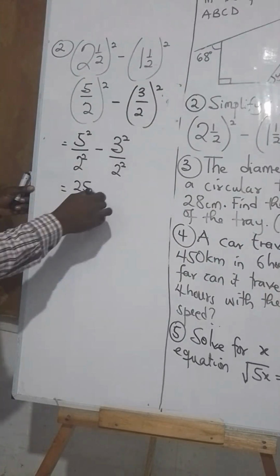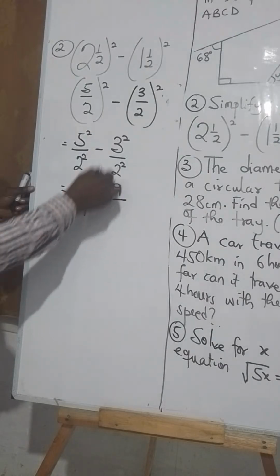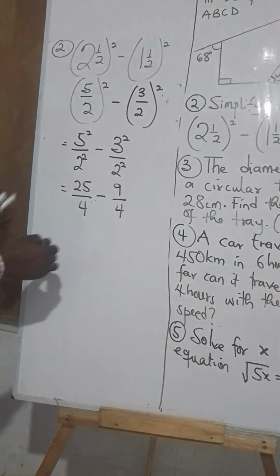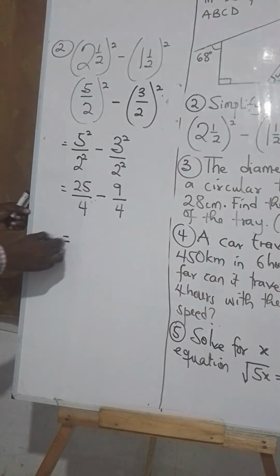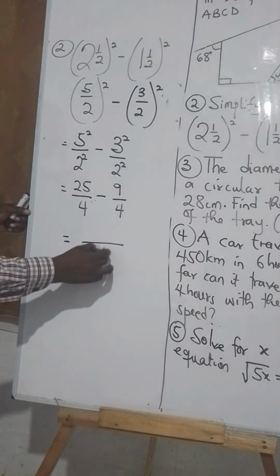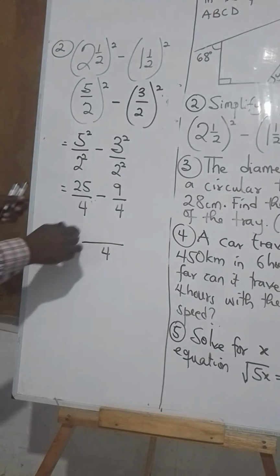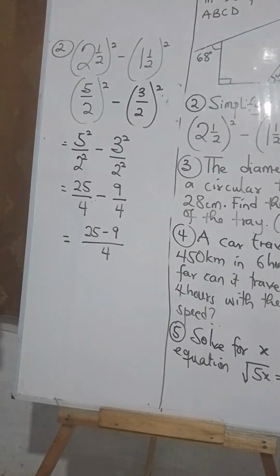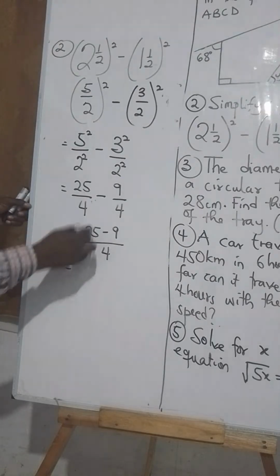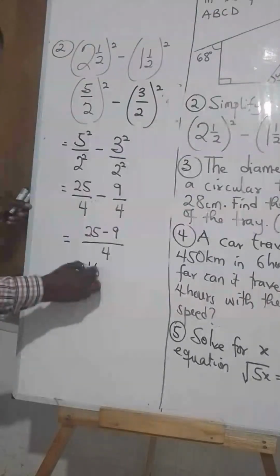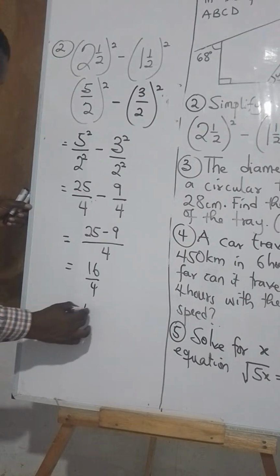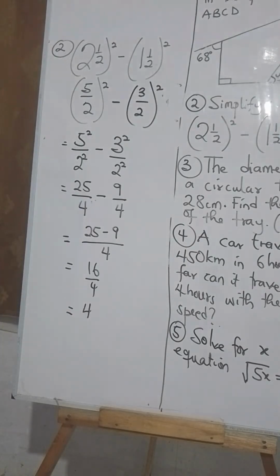Minus 3 squared is 9, and 2 squared is 4. So the LCM is 4, and you have 25 minus 9, that is 16 on 4, which gives the answer 4.